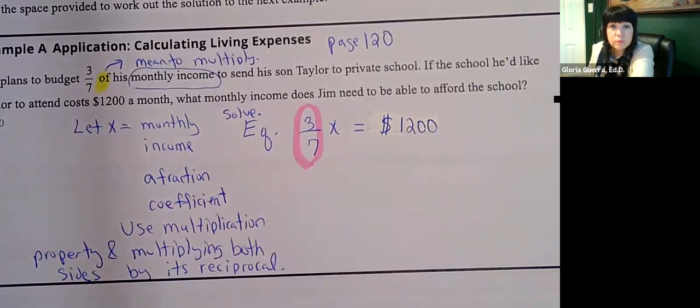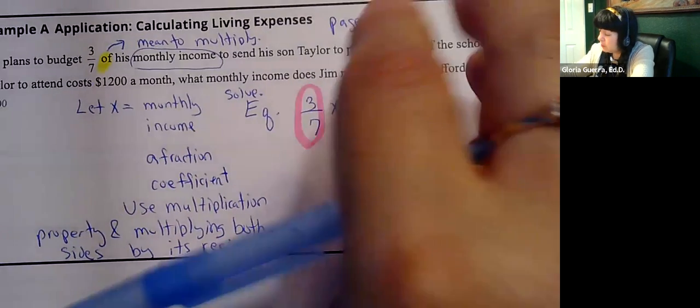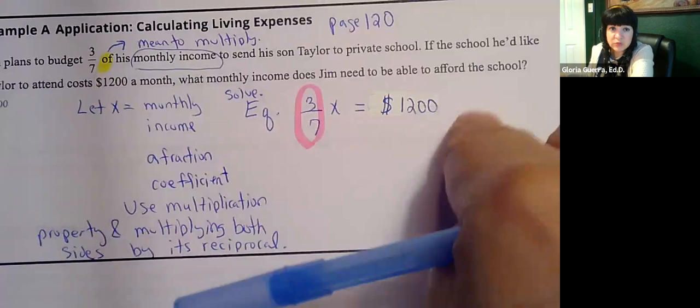Okay. So you're going to multiply this side and this side, both by its reciprocal.